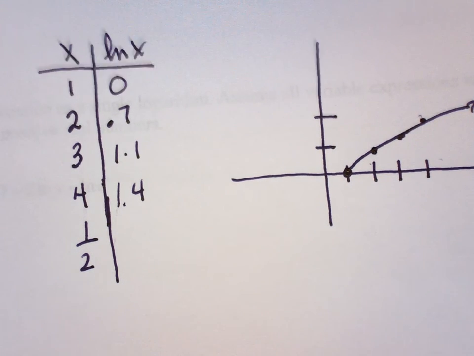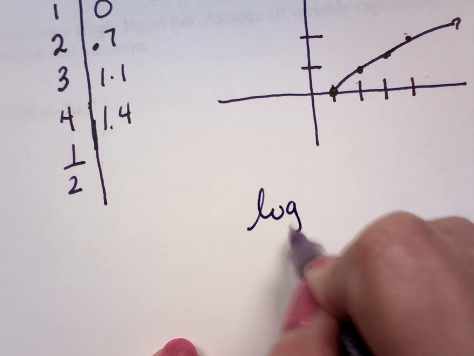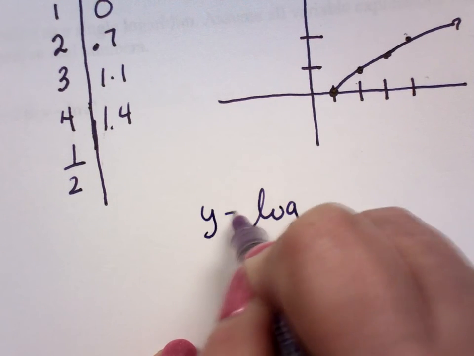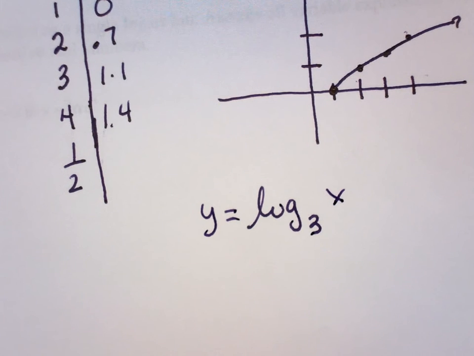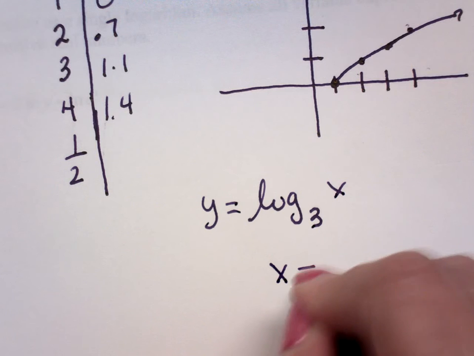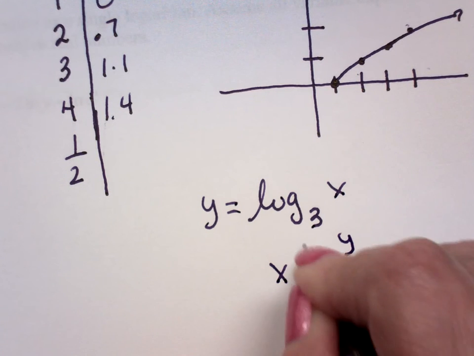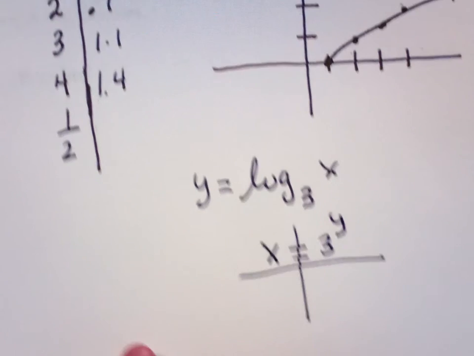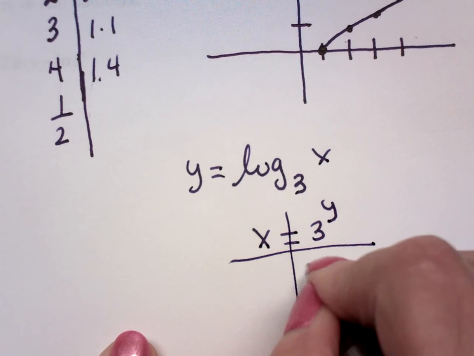See, if I wanted to graph log base 3, I don't have base 3 on my calculator. That's why we went to x equals 3 to the y, and then we put in y's and got out x's.